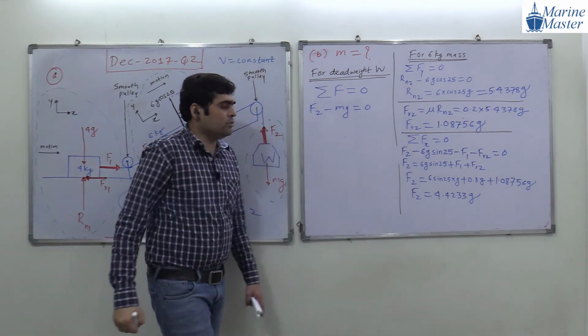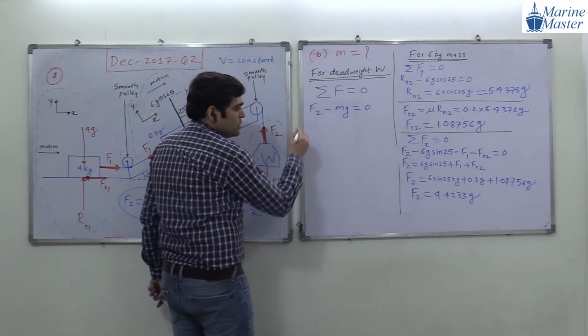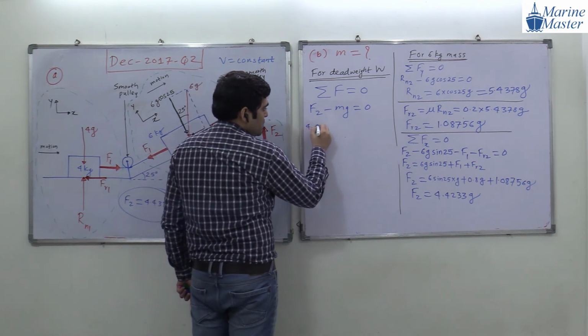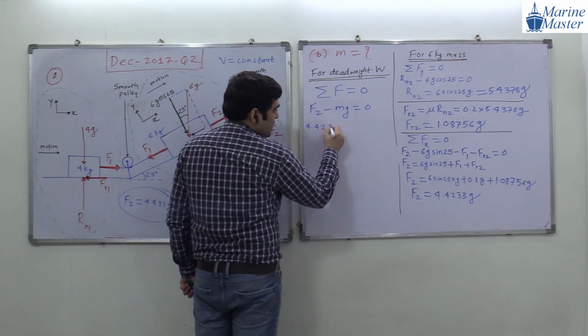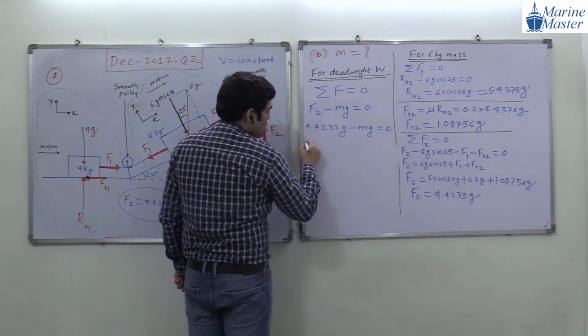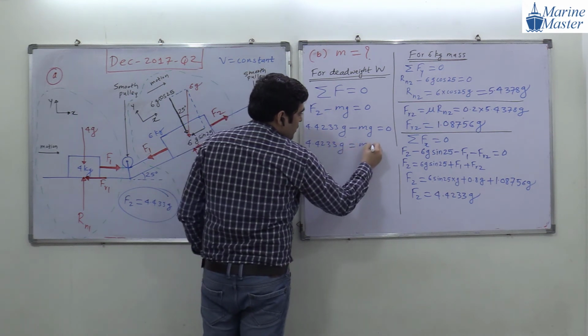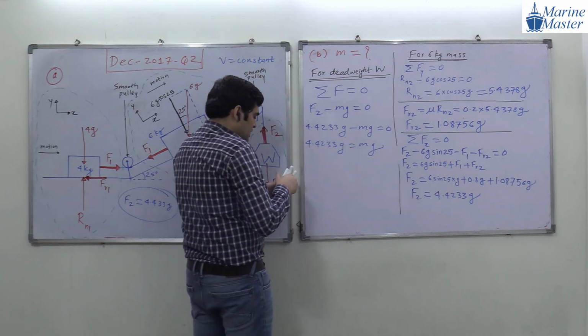What is the value of F2 we got? 4.4233 G. So 4.4233 G minus mg is equal to 0. So 4.4233 into G is equal to mg, and here G can cancel.